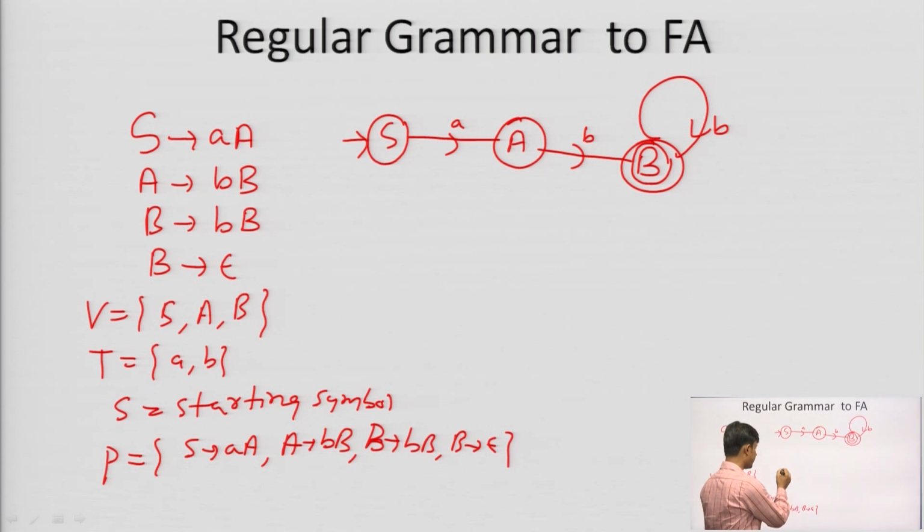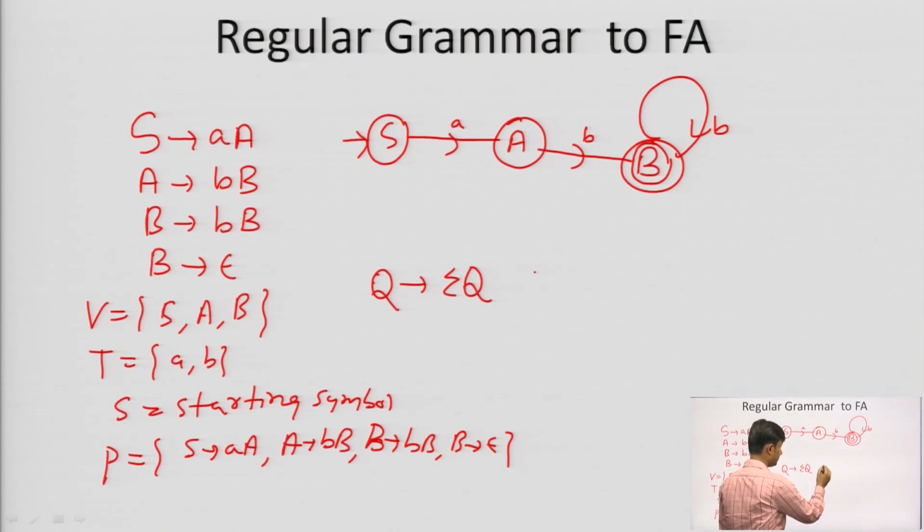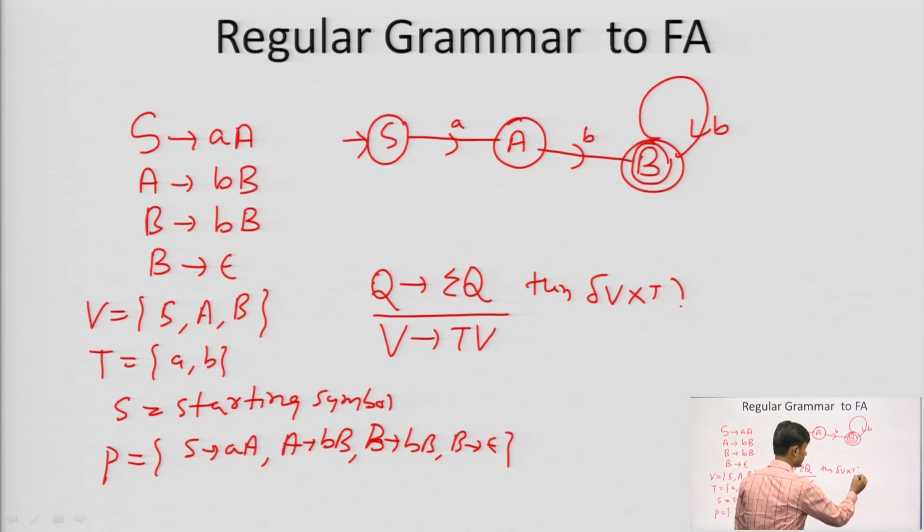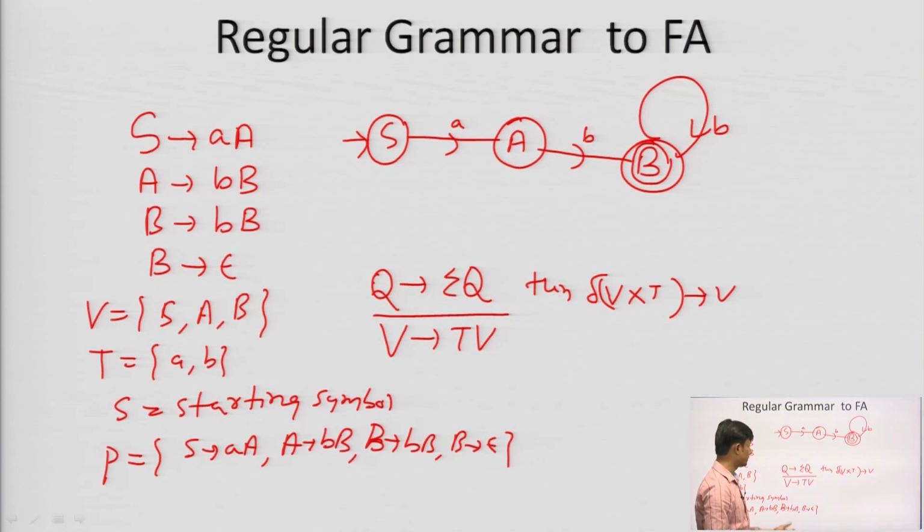So, already we have discussed that if a grammar production is like V to T V, then there is a transition between the corresponding states on the input terminal.